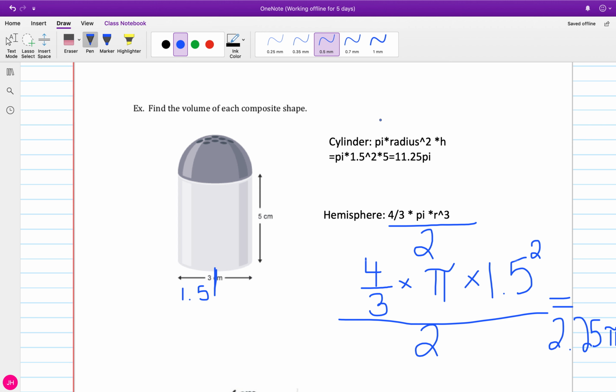So then I'm going to take my two answers here. I've got the answer there, and I've got this answer here. Now I'm going to add those two together. 11.25 pi plus the 2.25 pi.